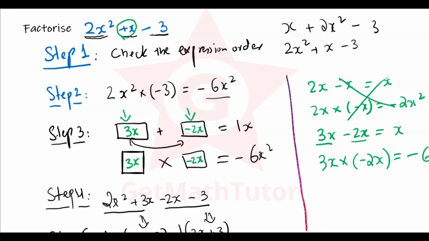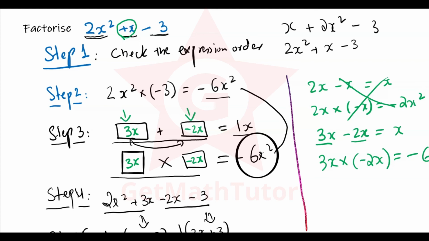In step 2, we multiply the first and the last term and get the answer. In the third step, we divide the middle term into two terms such that its sum is equal to itself, and then the product of those two terms is equal to what we got in step 2. Okay, like this.